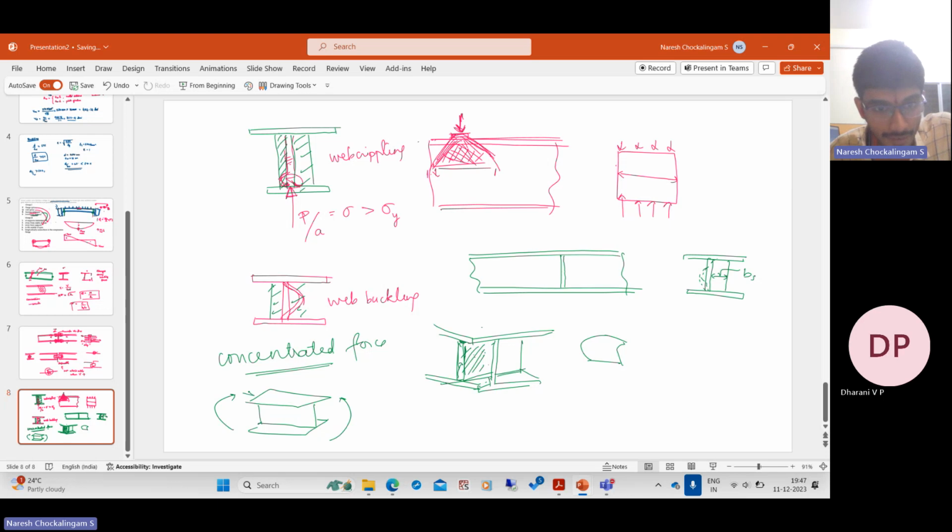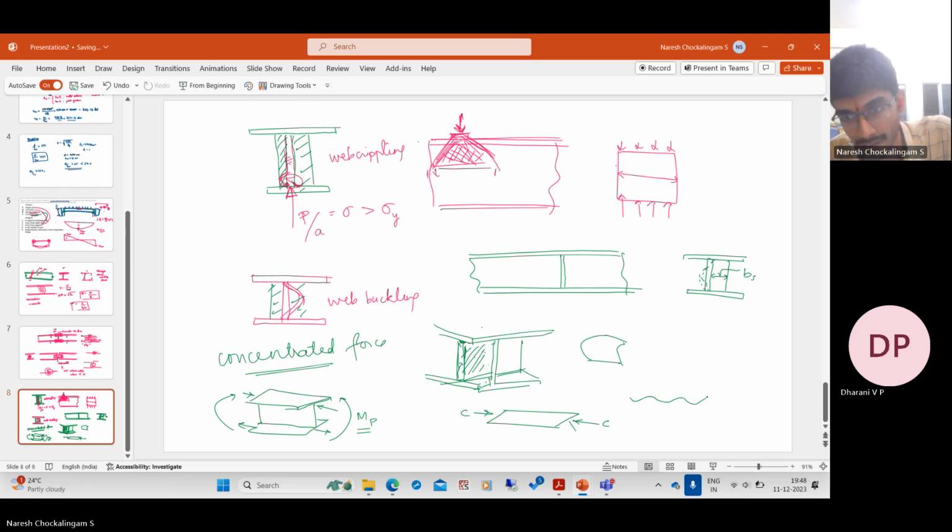The top flange is under compression, the bottom flange is under tension. If the beam retains its shape, it will achieve its full plastic or elastic moment. But if the top flange is very slender and cannot take the compressive force, it will locally buckle like this.